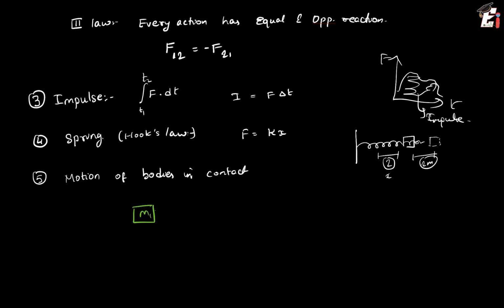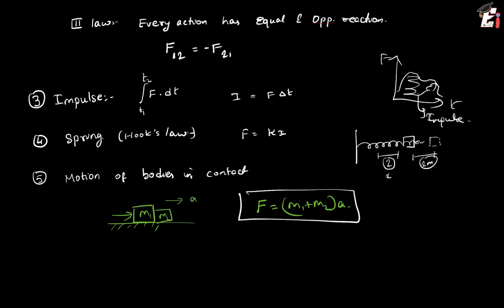This is mass 1 and this is mass 2. You are pushing mass 1, you are putting force on mass 1, and this side it is getting an acceleration. So the force in such a case will be equal to mass 1 plus mass 2 into acceleration, because both are moving together, in contact. So in that case the force is going to be the total mass, you are going to take the total mass and multiply with the acceleration.